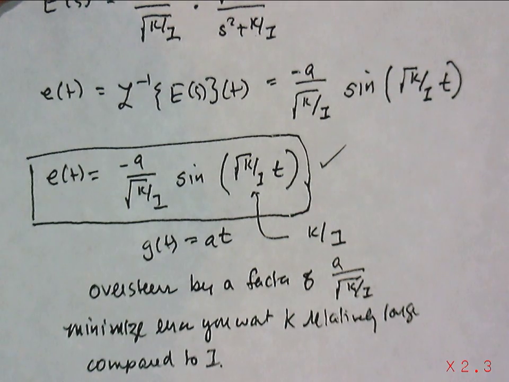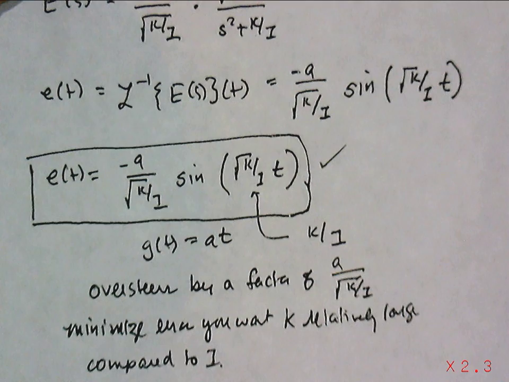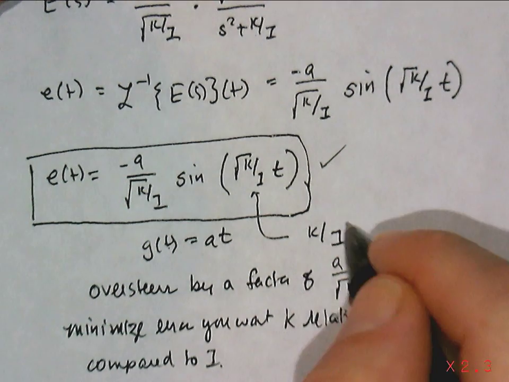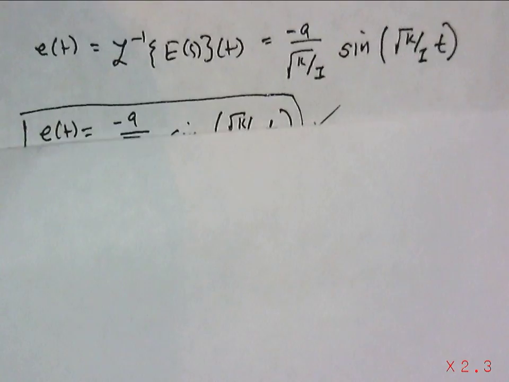What I'm going to do is show you a graph. I've drawn a graph of this function and changed the value of k divided by I, just to show you how the oversteering is affected by the value of that ratio of k over I. Okay, so I'm going to bring in the graph now.